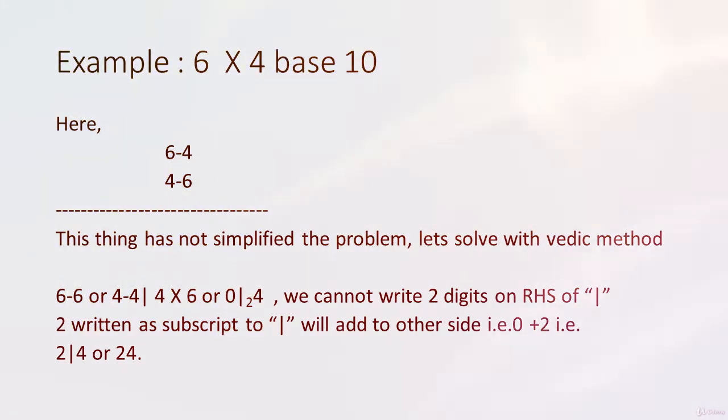We can see that in this process, while calculating the left hand side, 6 minus 6 or 4 minus 4, the answer is 0. And we again land up with the same problem, that is 4 multiplied by 6, the vertical multiplication for the right hand side. So the question has basically not been solved.